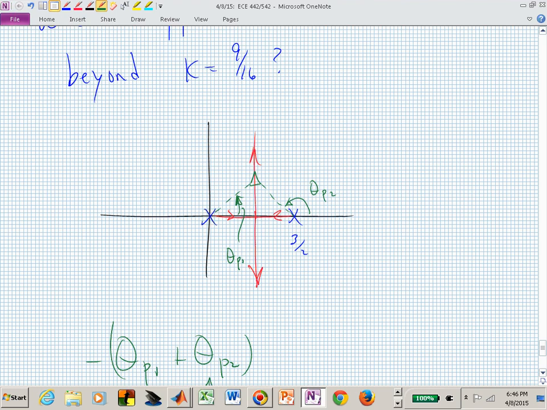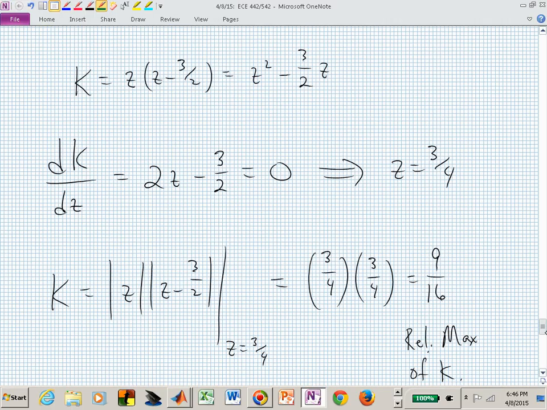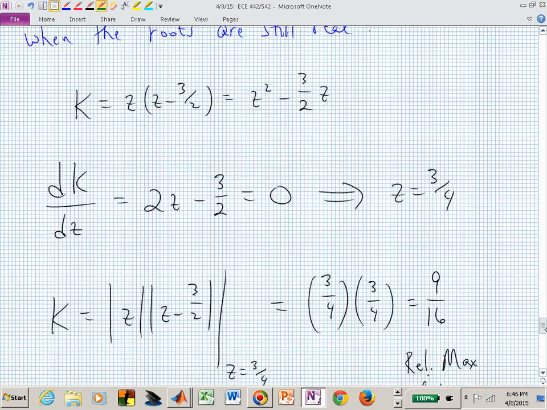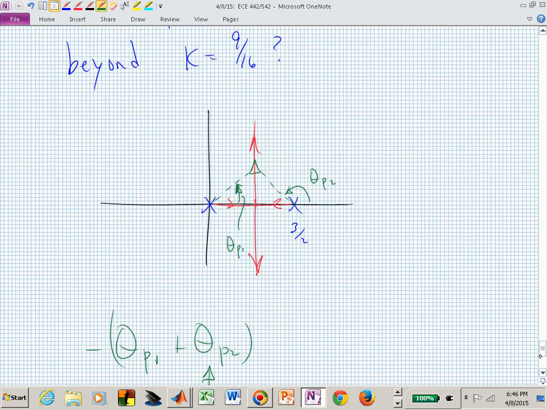Now, what's the upper limit on stability? Do you see that there is an upper limit? You could sketch the unit circle. You know the real part. What's the radius of the unit circle? 1.